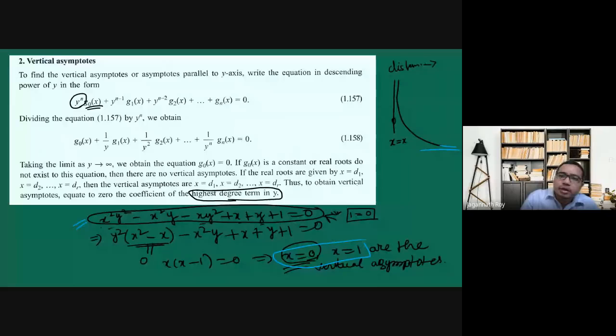They can come close; the distance tends to 0 at infinity, as x tends to infinity or y tends to infinity, but they will not meet. This asymptote will not satisfy the given curve. That is the idea of asymptotes.